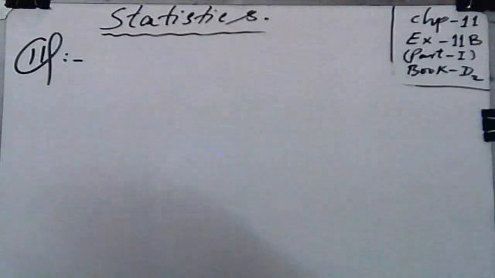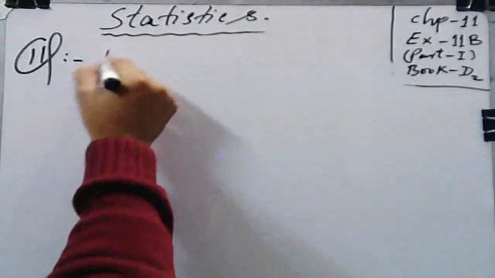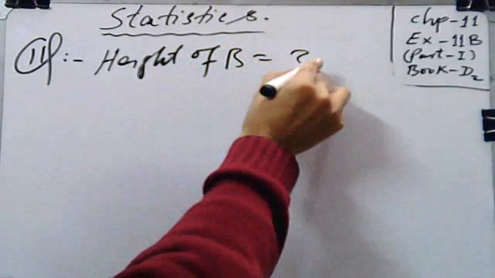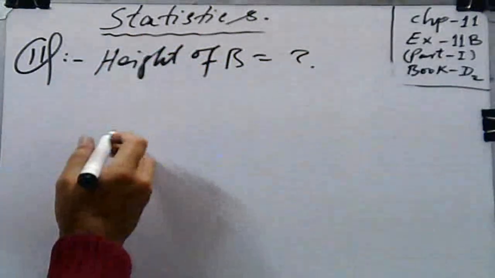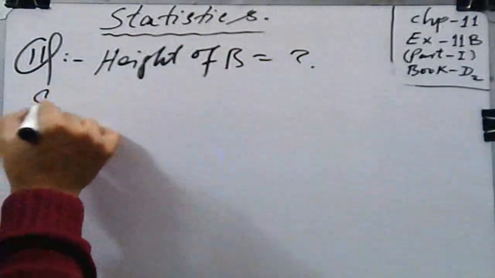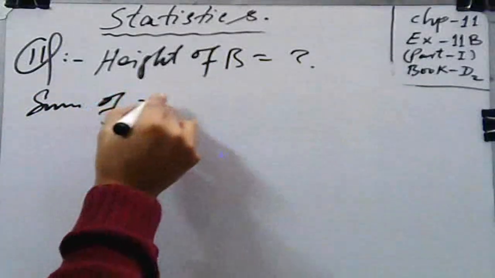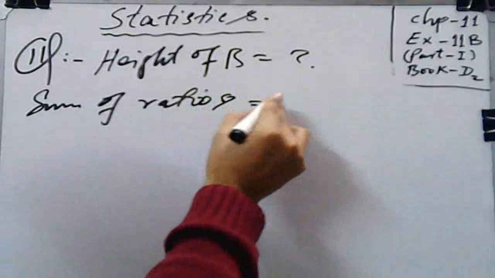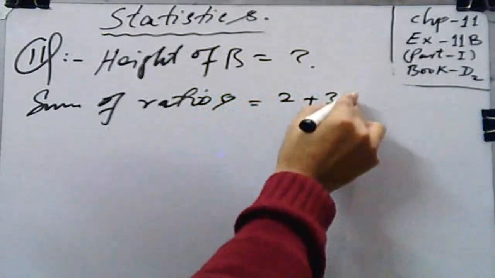Their mean height is 30 centimeter. Find the height of plant B. For this, the sum of the ratios is 2 plus 3 plus 5, which is 10.